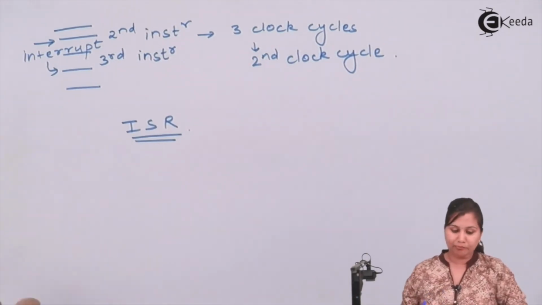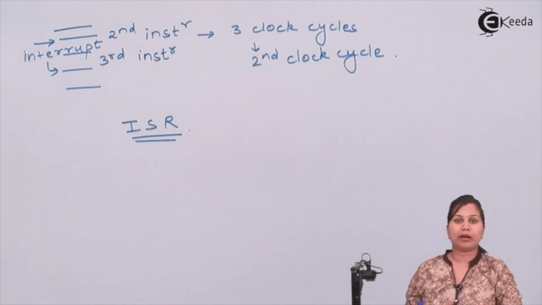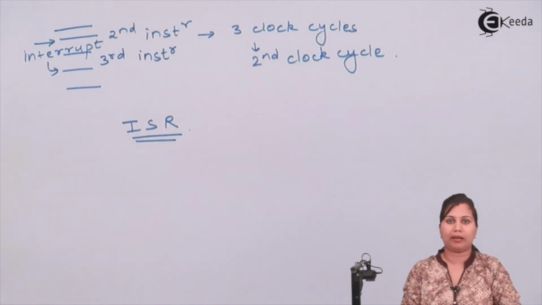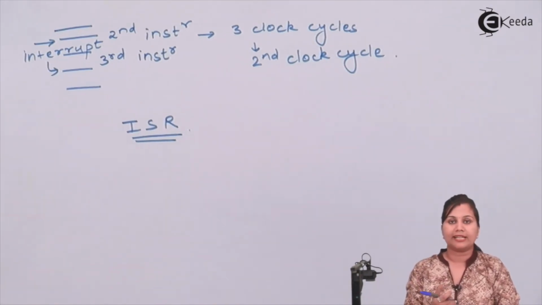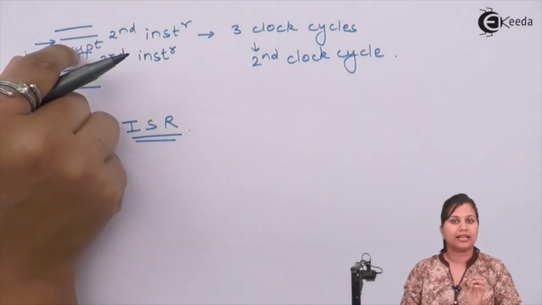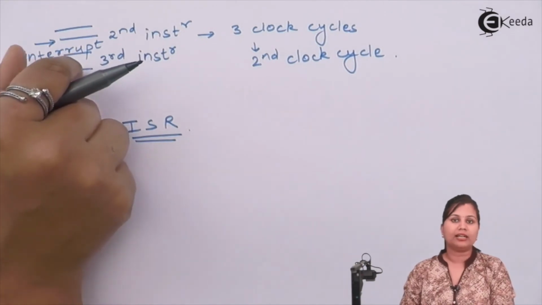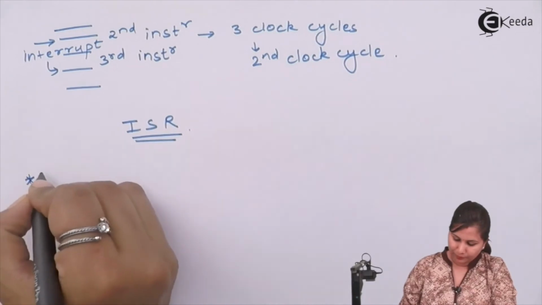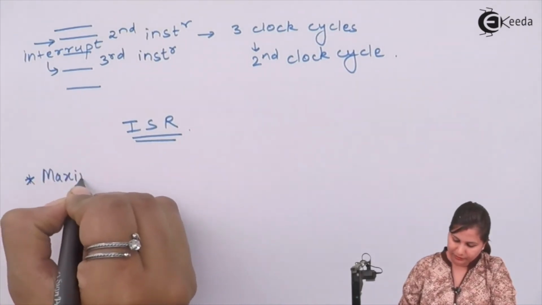So the maximum pulse width is decided by the condition that the interrupt signal should not be acknowledged again and again by the microprocessor. Its length should be such that it is acknowledged only once, and the second time it is not acknowledged by the microprocessor.